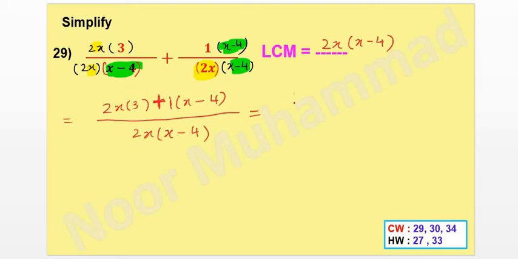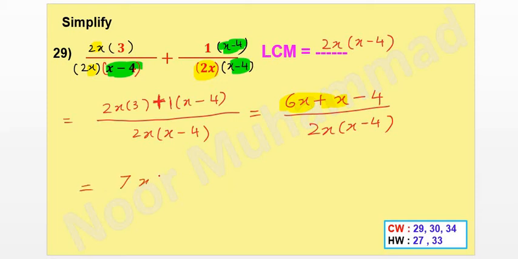So it's 2 times 3, 6x, plus x, plus minus minus, it will be 4 ones are 4, out of 2x into x minus 4. Now these two are like terms, so they can be solved together. So 6x plus 1x will give us 7x, and here we will have minus 4 divided by 2x into x minus 4.